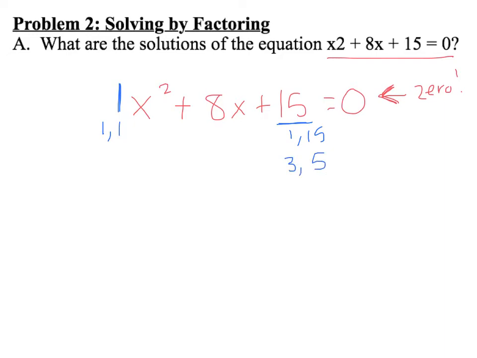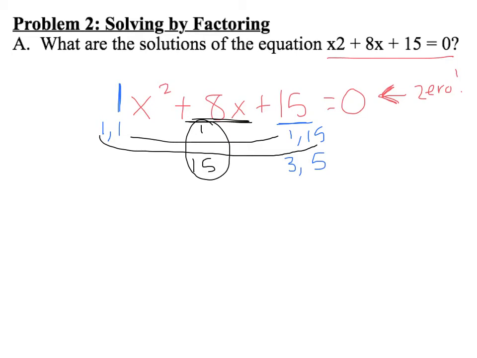Okay, and so now we have to check and see how we can get the middle number. So first I'm going to check 1 times 1 and 1 times 15. So 1 times 1 is 1, 1 times 15 is 15, and when we add these together we do not get 8, we get 16, and our goal is to get this middle number, 8.